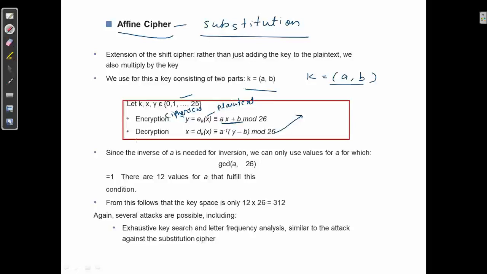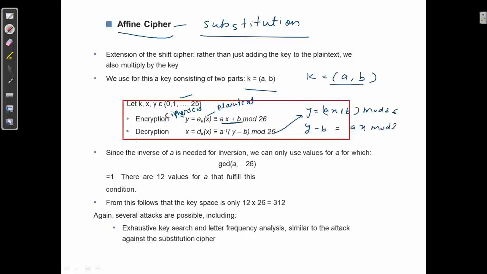For example, the cipher text y, we find this cipher text y with e_k(x), which is ax plus b mod 26. So what we can write? We can write here y minus b is equal to ax mod 26.